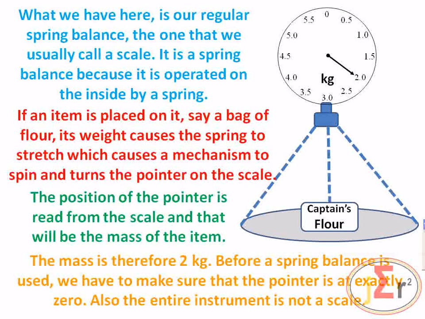Before a spring balance is used, we have to make sure that the pointer is at exactly 0. Also, the entire instrument is not a scale. The scale is what we have right here, the numbers and the marks that we use to tell the value of the measured quantity.